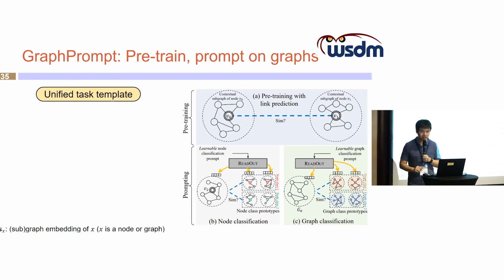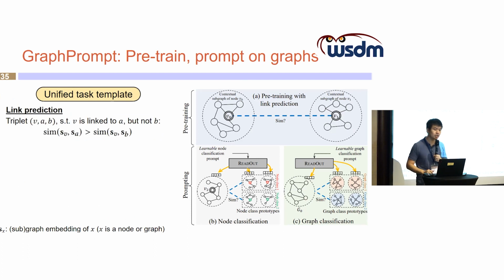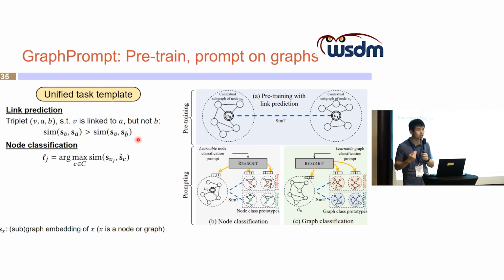For the unified task template, we can map different tasks into the same template. Like for link prediction here, we can use the similarity of the two subgraphs containing the nodes. If they have a high similarity, then probably there is a link between them. If there is a low similarity, then probably there is no link between them. For node classification, we can also map it to similarity computation of subgraphs.